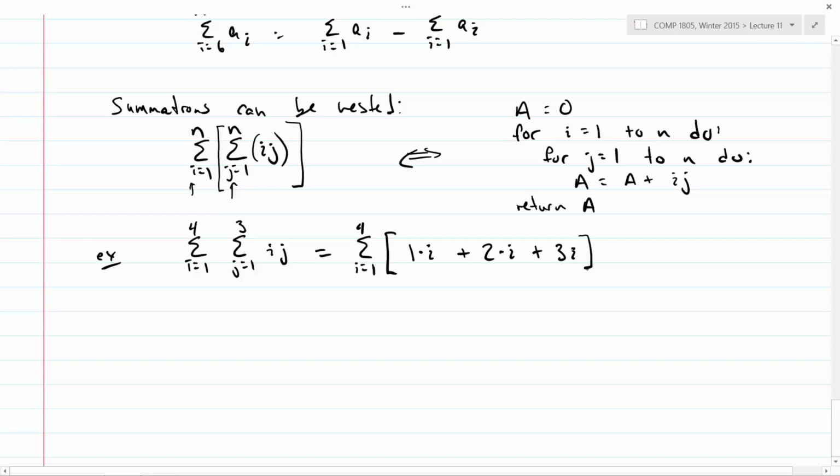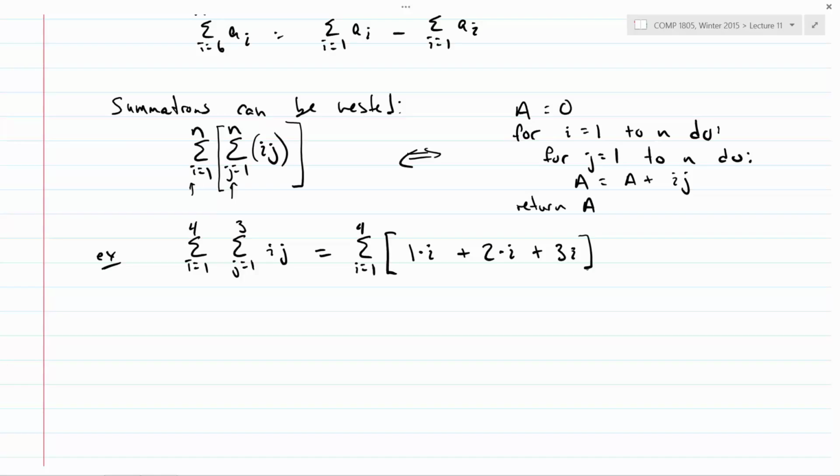Notice what I've done is I've got rid of one of the sums. That's useful because the fewer sums we have, the closer we are to an actual number. One thing I'll point out here is you should always think about the kind of answer you got out of your sum. So if I have a sum that goes from j equals whatever to whatever, where the index of summation is j, the answer I get will never have a j in it. If I'm solving a summation whose index of summation is j, j won't be in my answer.